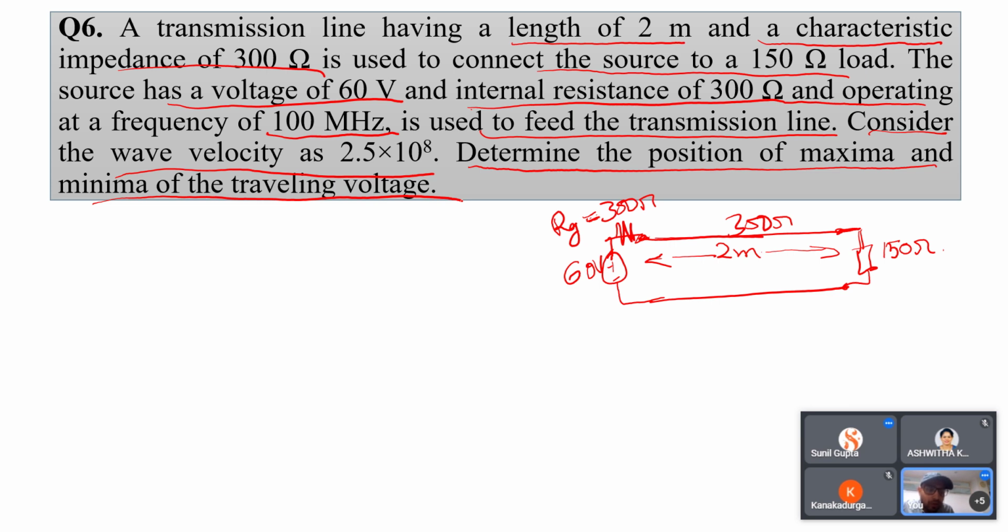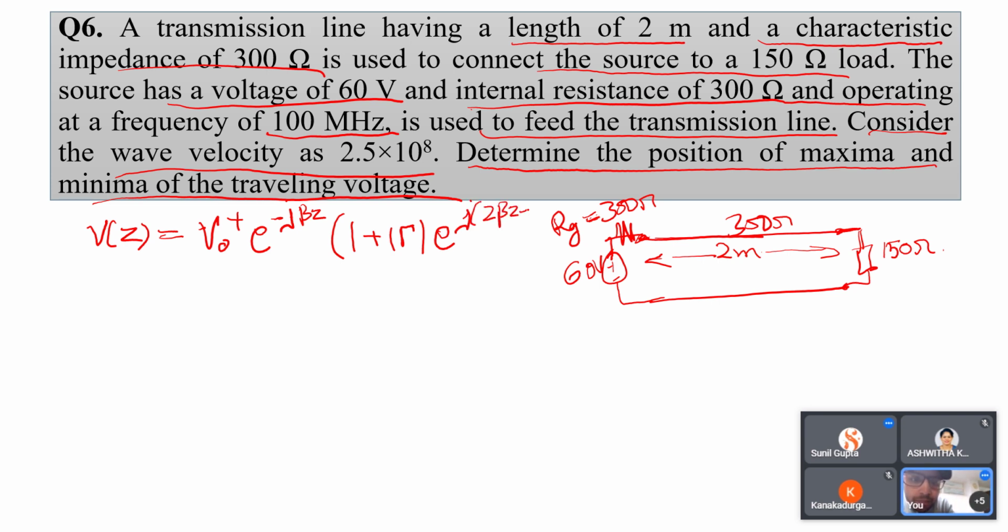So to proceed with this question, you first have to see the voltage equation for a transmission line. So Vz is defined as V naught plus e raised to the power minus j beta z, in brackets 1 plus mod of gamma e raised to the power j 2 beta z plus phi.